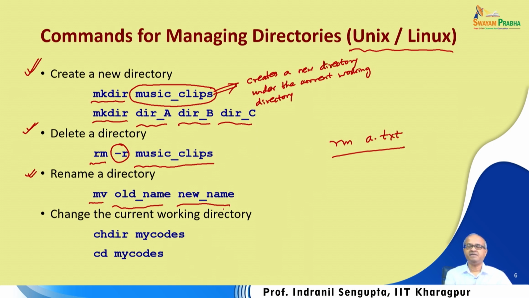And as I said, you can use some commands to change the current working directory. You can use either chdir, change directory, or the short form cd. There are some special shortcuts also. If you write cd dot dot, double dot means the parent directory.